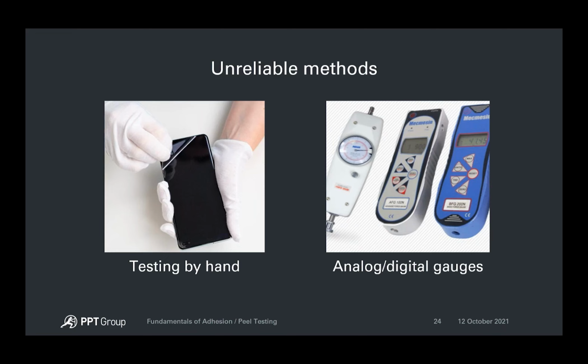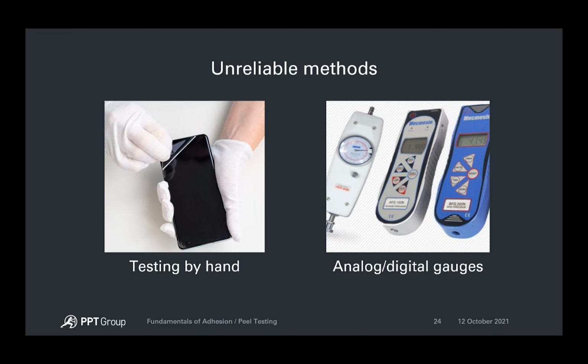In addition, these tester types have various levels of human involvement, some more than others. This means that inconsistencies are introduced into the testing process, which does not guarantee repeatable or consistent results. And even the digital force gauges, which are very accurate, are still a handheld device and introduce variability due to the human element.